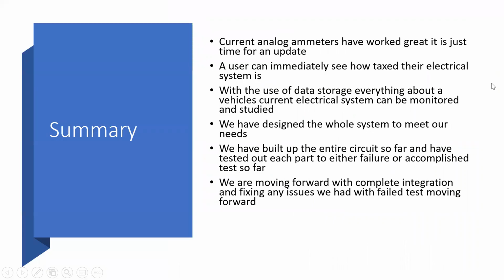So in summary, current market ammeters work great. It's just time for an update. Using an ammeter, a user can immediately see how taxed their electrical system is. And by adding data storage, we can monitor and study the electrical system and electrical usage of a vehicle.